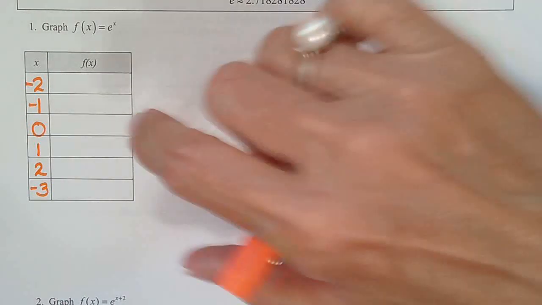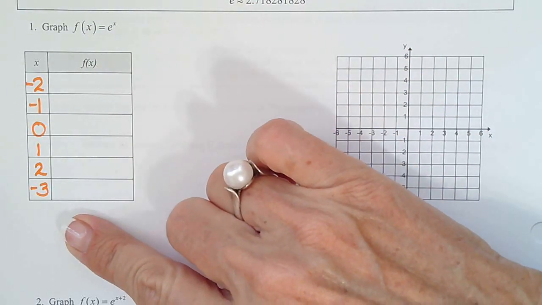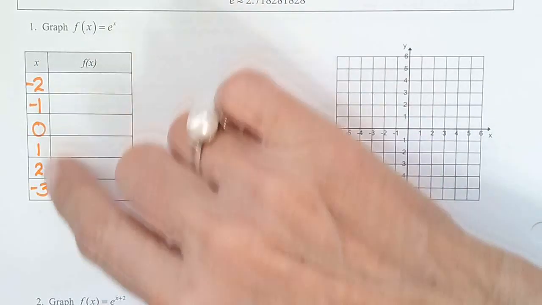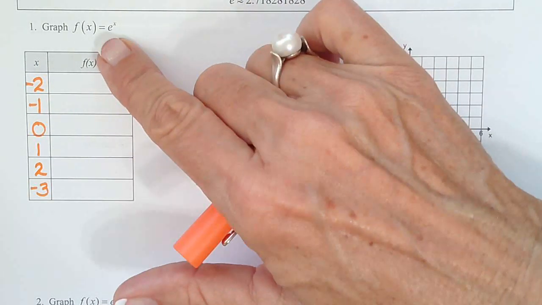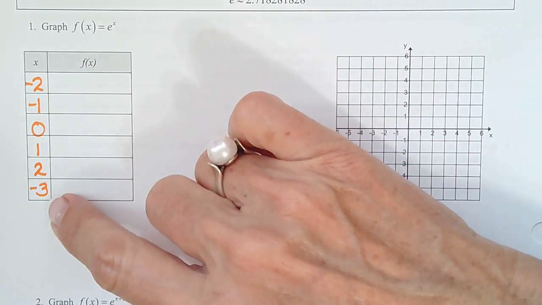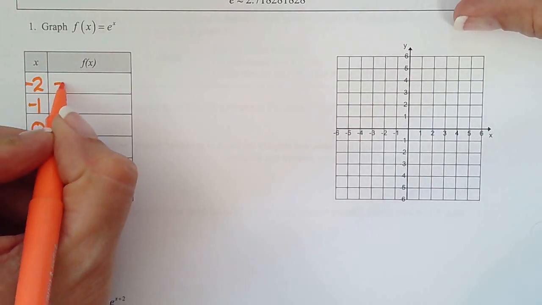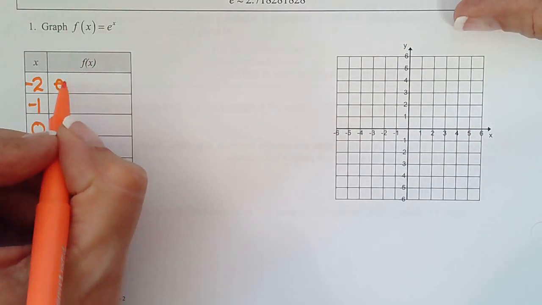When they're logarithms, remember how we filled y in first? When they're exponentials, we fill the x in first. And these are exponentials. The word log is nowhere to be found. So that's why we filled in the x's first. So this is going to be e to the -2.